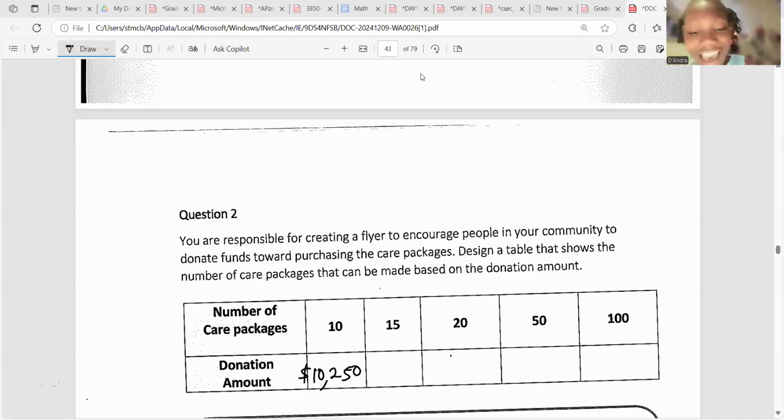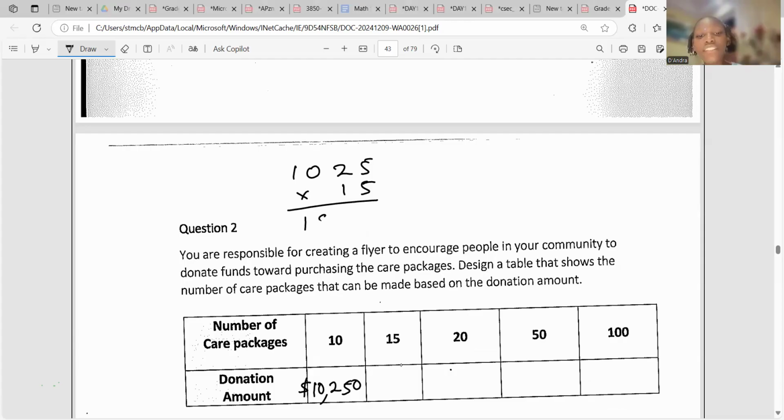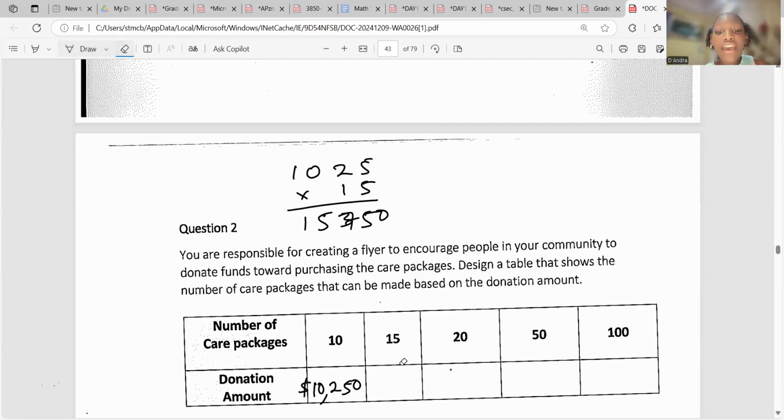Sir, so what I did for 15, sir, I had 10,250 and I multiplied it by the 15. And I got my answer as 153,750. So I did 5 times 0 is 0. 5 times 5 is 25, carry through the process.